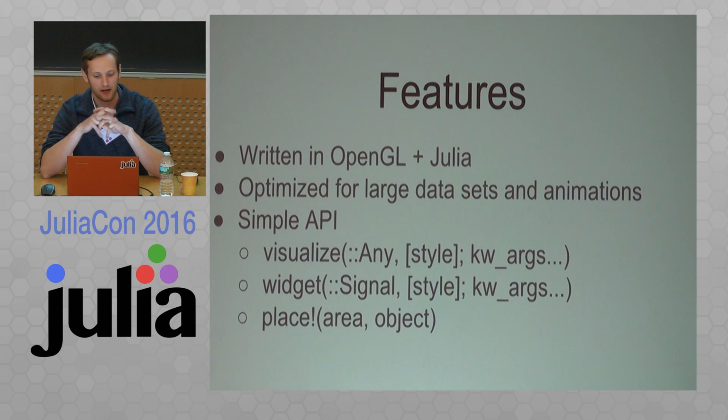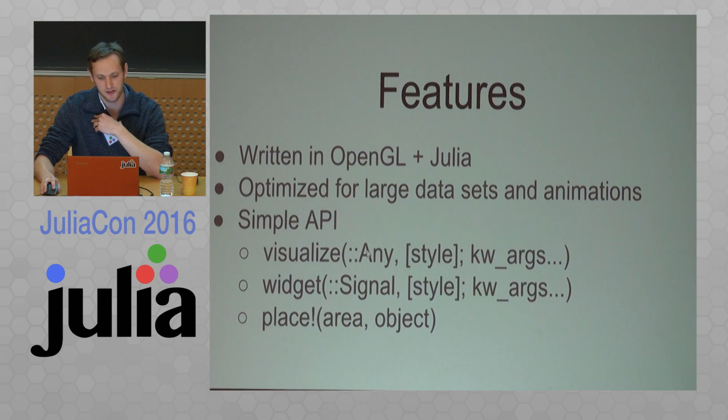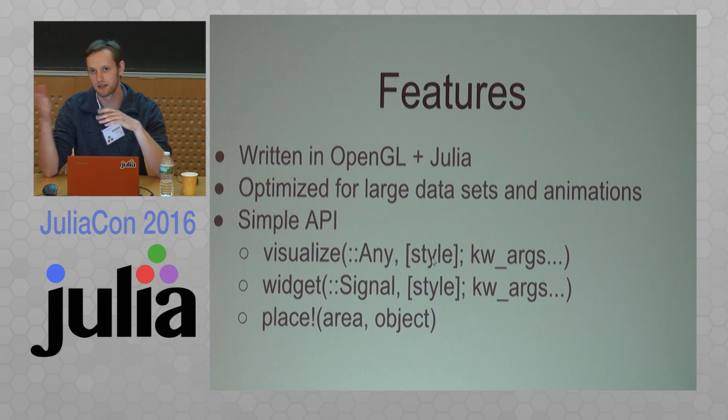And I've come up with this very simple API for GLVisualize, which is a bit like a show method in the end. So it always has just one argument and dispatches on the type to decide what default visualization it should choose for it. Then you have an optional style argument, which can switch between completely different styles.